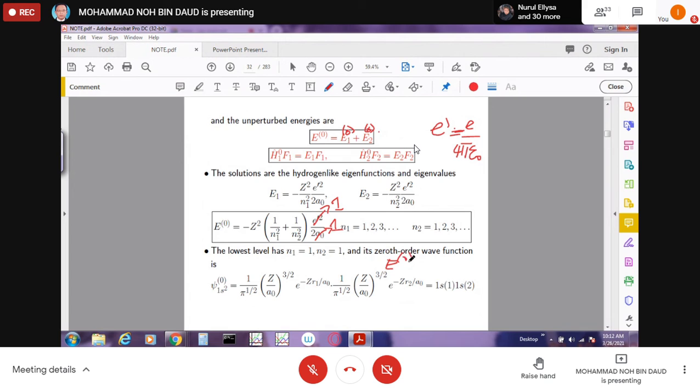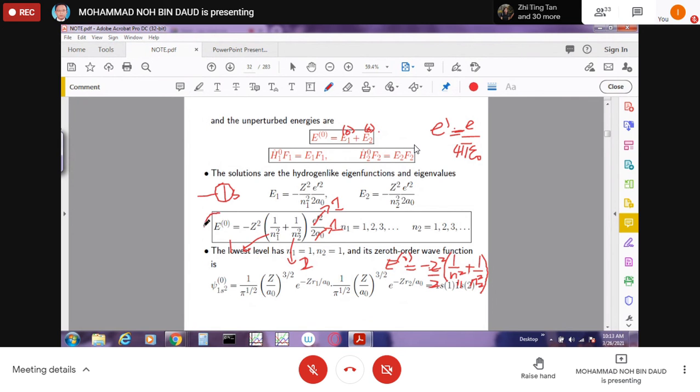So Z here is the number of protons, this over 2 plus 1, this 1, state 1 and state 2. Both the two electrons are in the lower state 1s, so this is 1, and the second electron here, this is 2, for electron 2 and for electron 1.